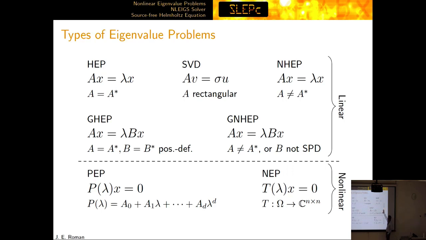In addition, there are a small percentage of applications that need to solve a nonlinear eigenvalue problem that can be of polynomial type. In this case, instead of two matrices, we have three or more matrices, and we define a matrix polynomial. And this is a more general case in which, instead of a polynomial, we have a nonlinear function, T of lambda, that depends on the parameter. My talk is going to focus on this kind of problem.